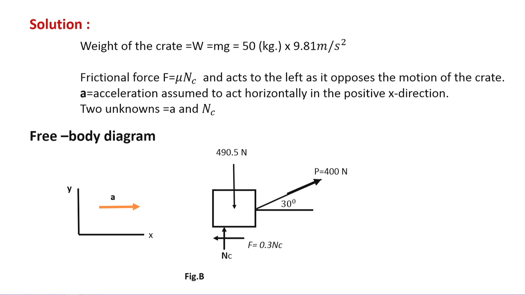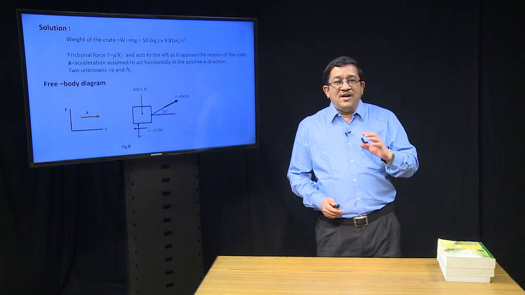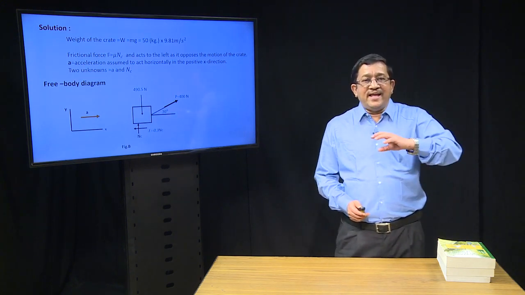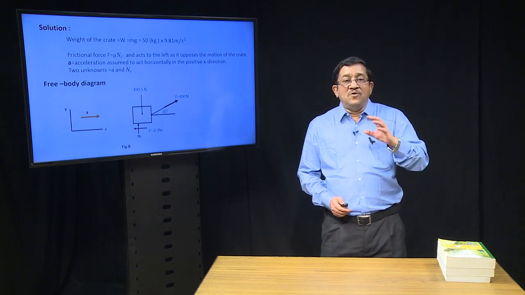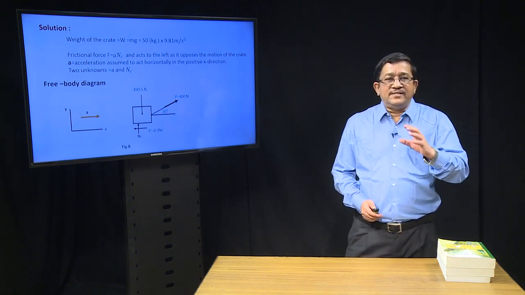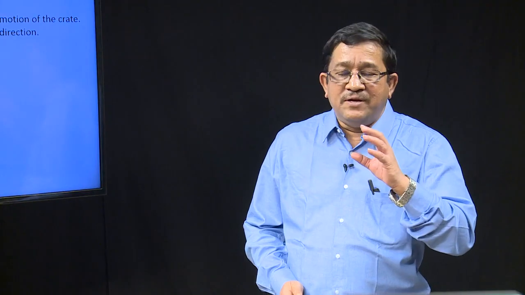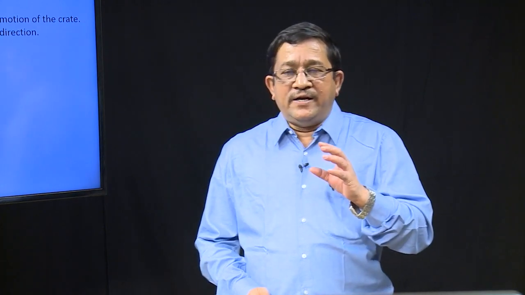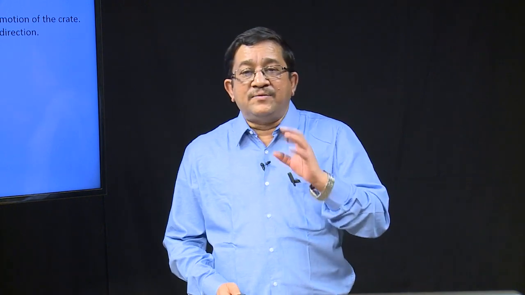Always, when we solve problems related to the equation of motion, we have to first find out what the unknowns are, and then the knowns, so that we can find the unknowns. One of the most important things in solving numericals related to dynamics, statics, whatever it may be, is drawing the free body diagram.